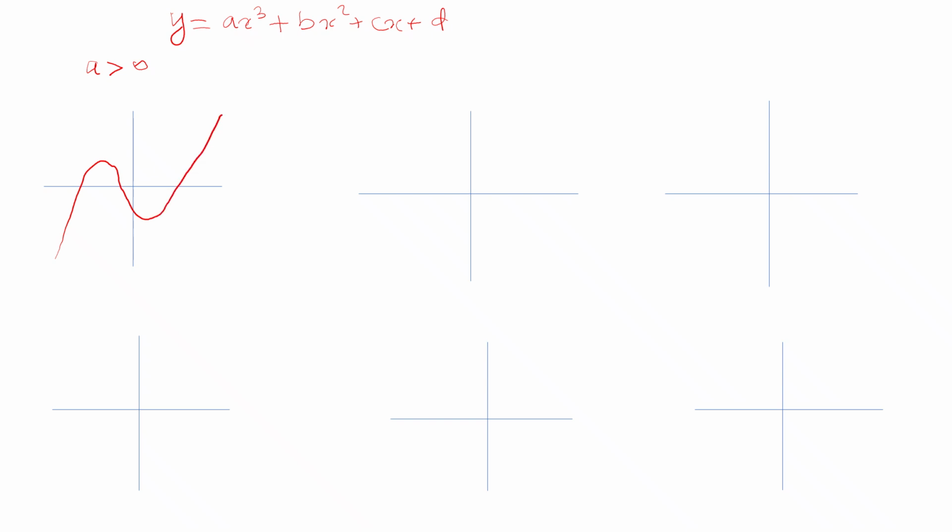So it has 3 different roots: 1, 2, 3. Another possibility, a greater than 0, has 3 different roots.